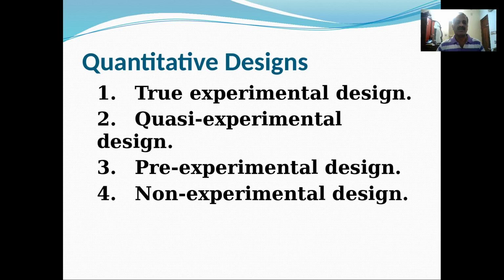Now the quantitative designs as per the nursing literature include true experimental design, quasi-experimental design, pre-experimental design, and the non-experimental design. So I have explained what is true experimental, what is quasi-experimental, what is pre-experimental, and what is non-experimental design along with the previous classification.